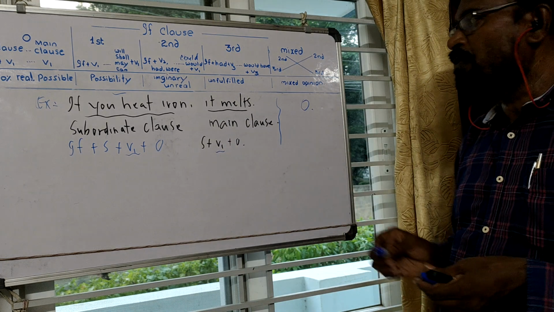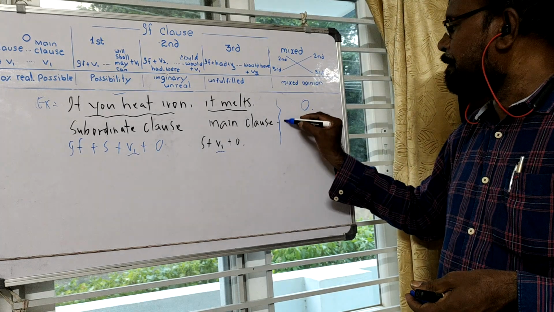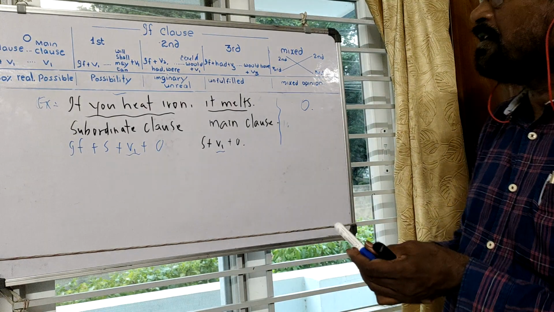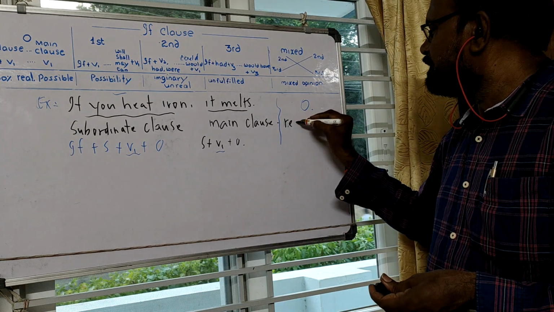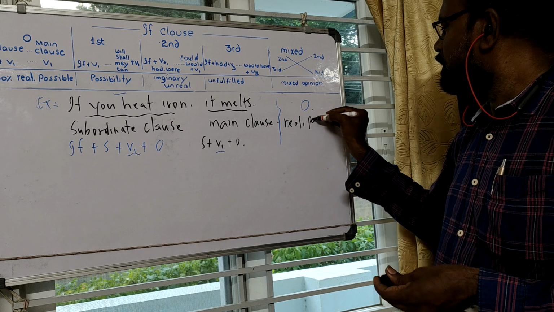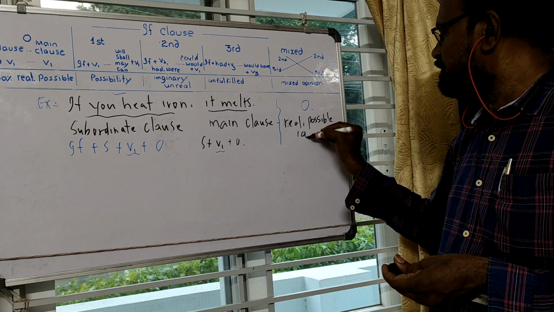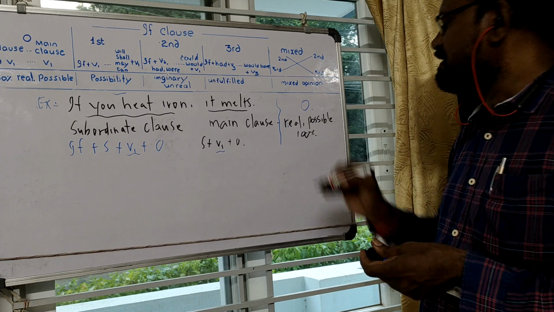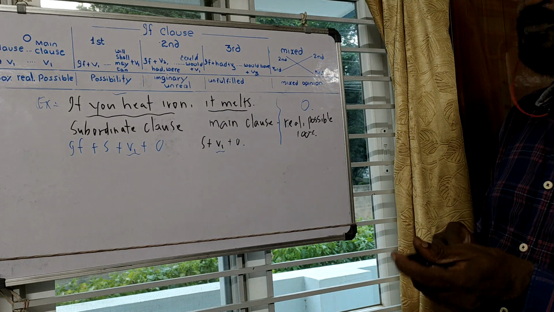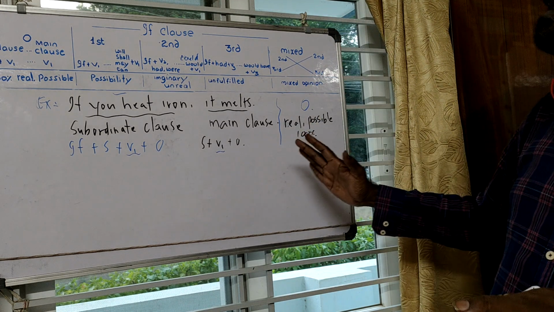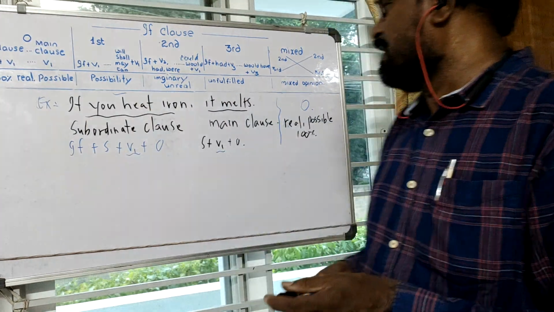It is used for hundred percent possible, real issues. Where we find hundred percent results and possibilities, we utilize this kind of if clause, that is the zero condition.